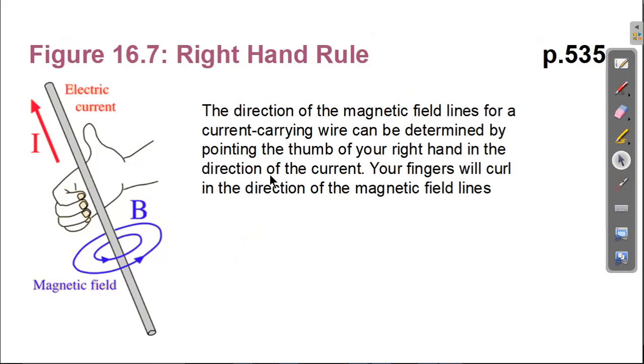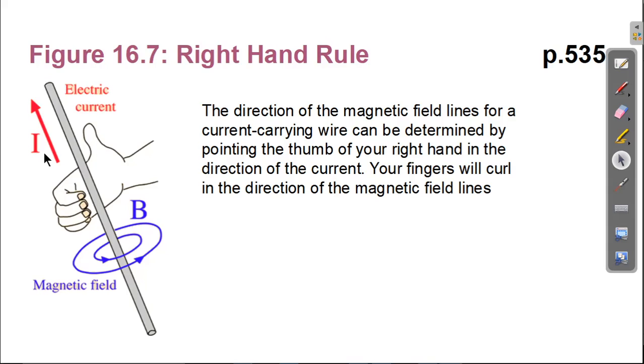Let's look at this. There's a rule about how to draw that. It's called the right hand rule. So you're going to use your right hand. You are going to be holding the wire with your right hand. You're going to point your thumb up in the same direction as the electrical current. If the current was pointing the other way, then your thumb would have to point down.